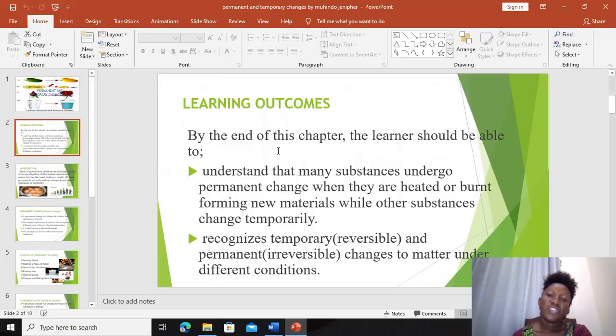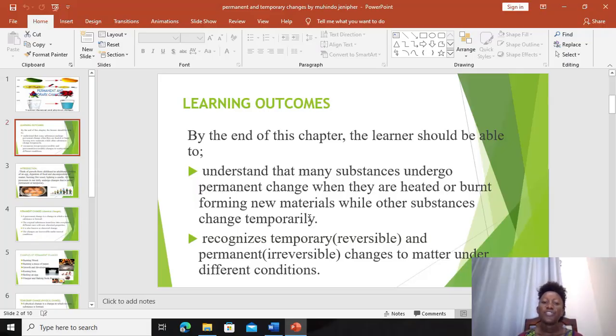By the end of this lesson, the learner should be able to understand that many substances undergo permanent change when they are heated or burnt, forming new materials, while other substances change temporarily.